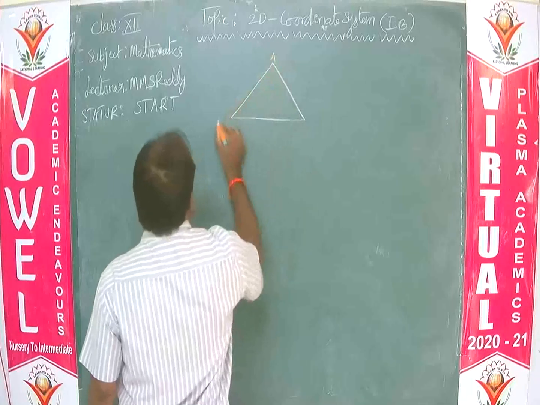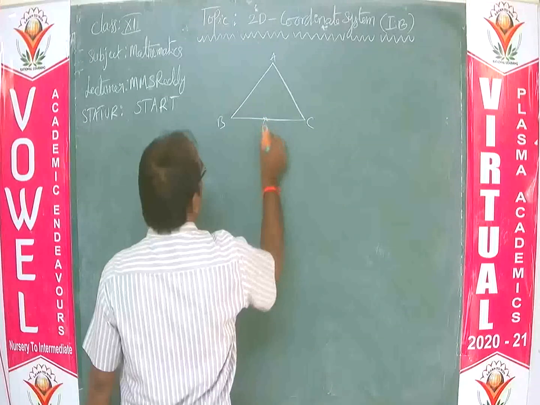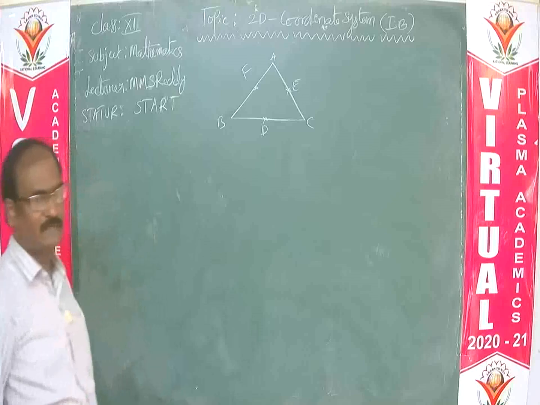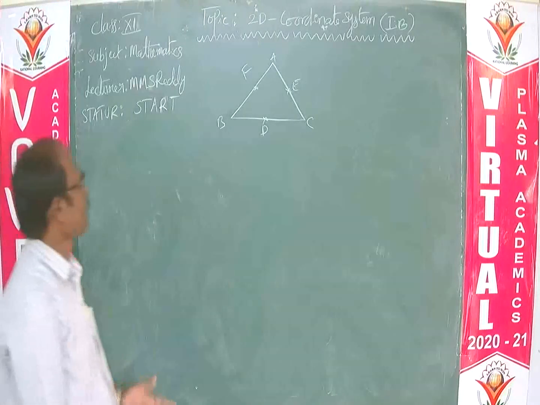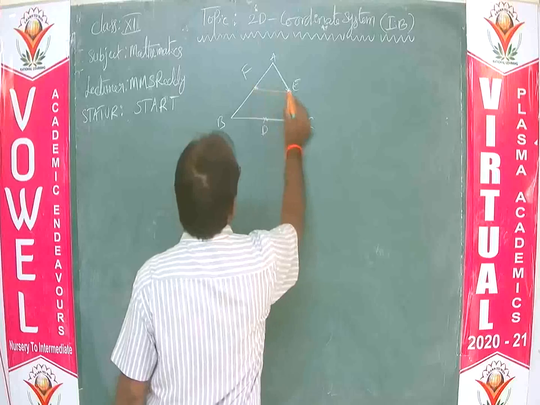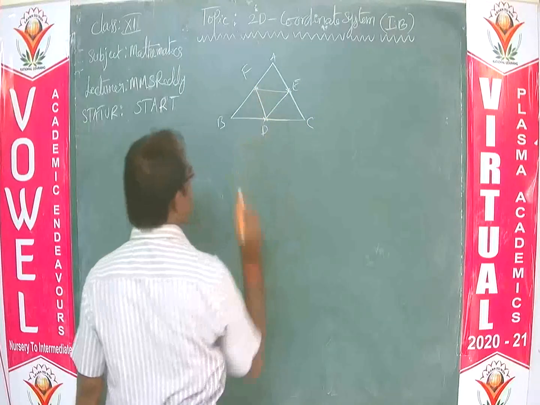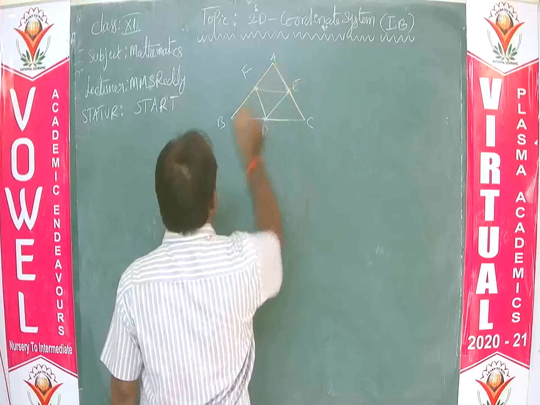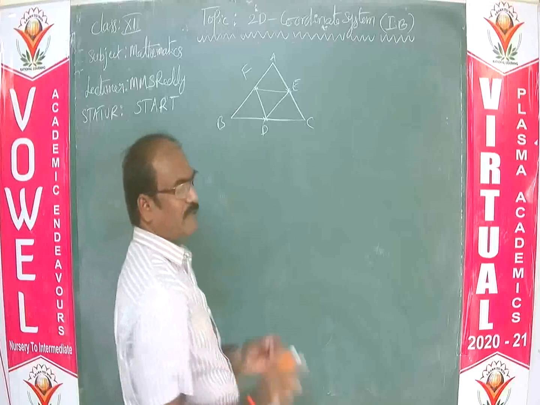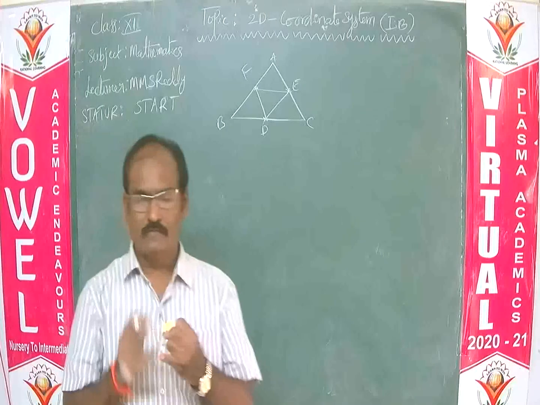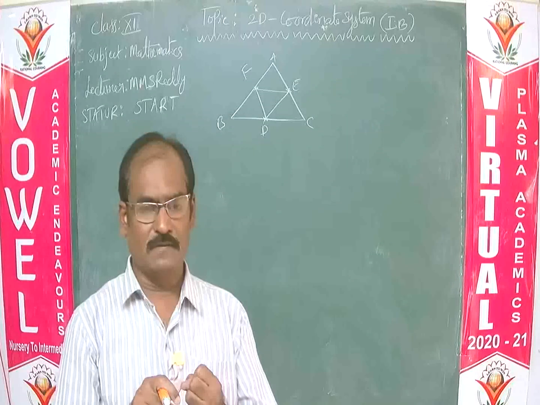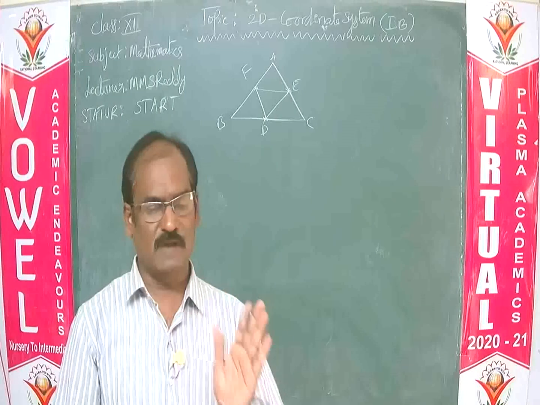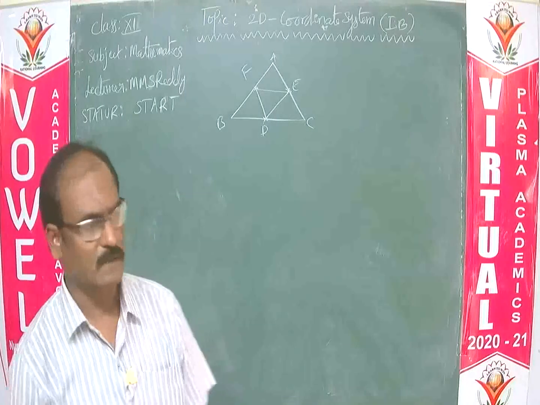Here the concept is, if D, E, F are the midpoints of BC, CA, AB respectively, when the three vertices A, B, C are given, we can find the midpoints of sides BC, CA, AB by using the formula x1 plus x2 by 2, y1 plus y2 by 2.